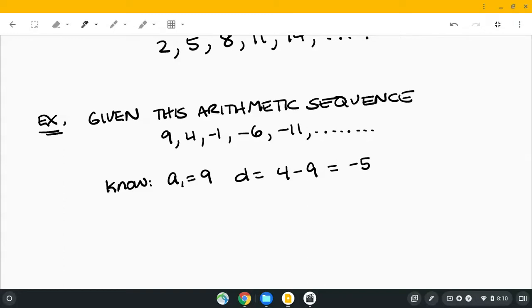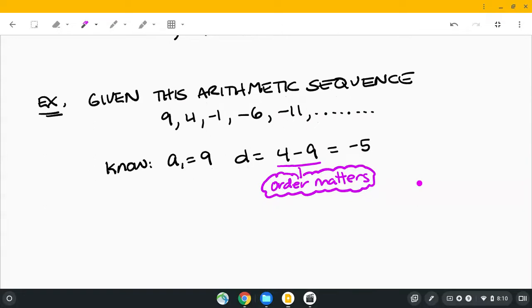And we said it was going to be a negative number because we are decreasing in our sequence. So make sure that when you do this, the order matters. You always have to subtract the one before it.